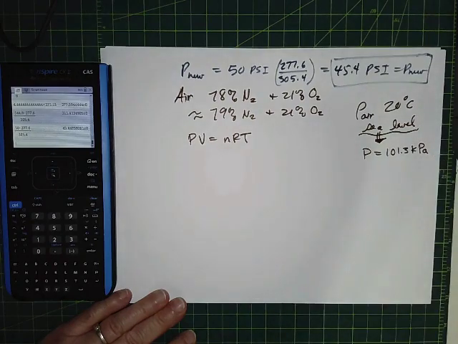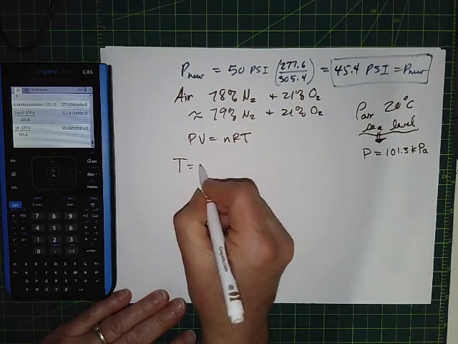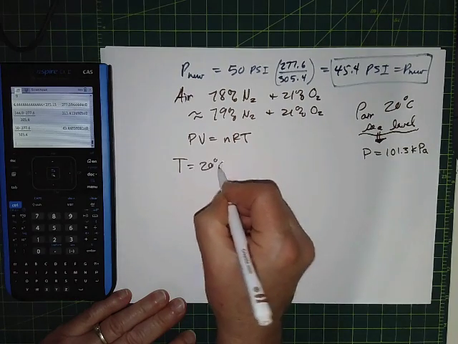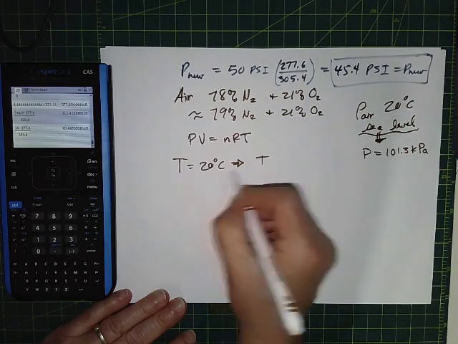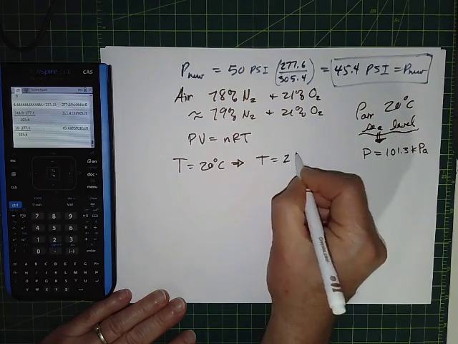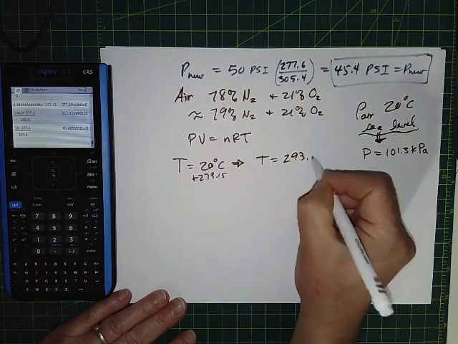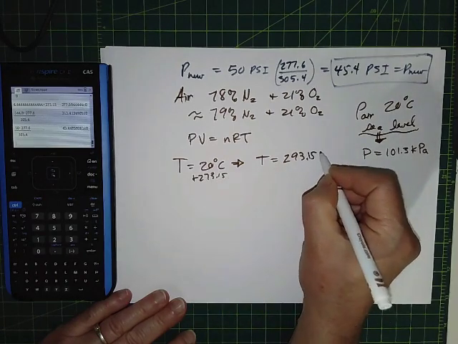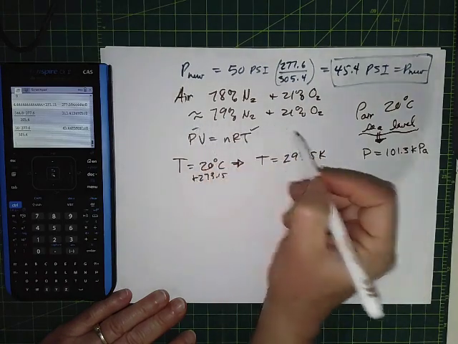So we use that to get P. We've got T in Celsius is 20 degrees Celsius. So that means T is add 273.15. So that's 293.15 if we want to get detailed there. Kelvin. All right, so we've got T, we've got P.